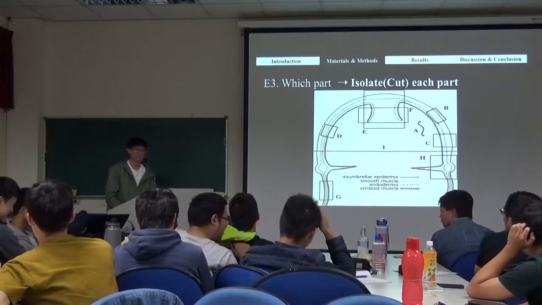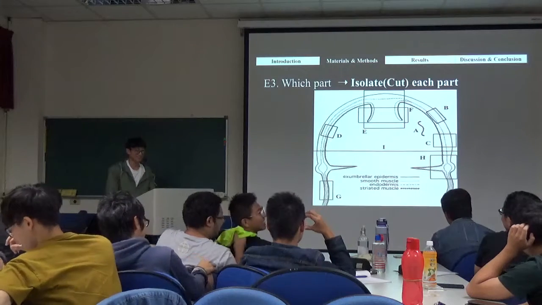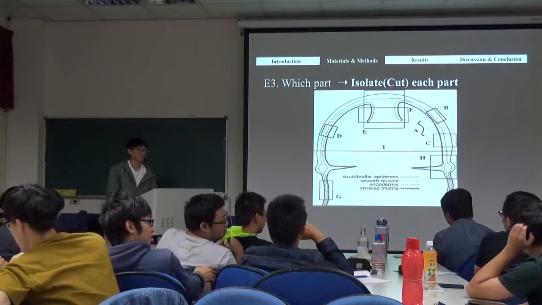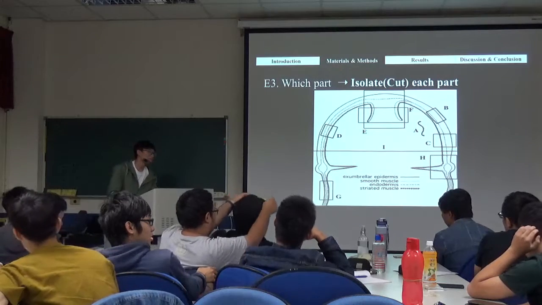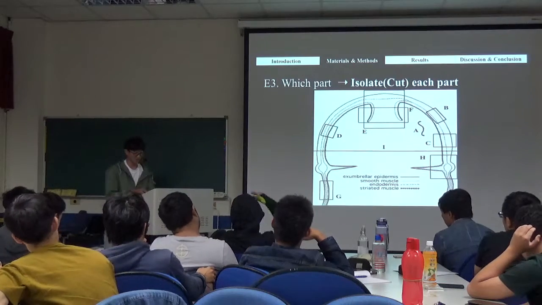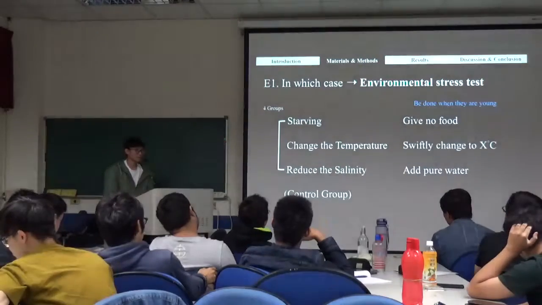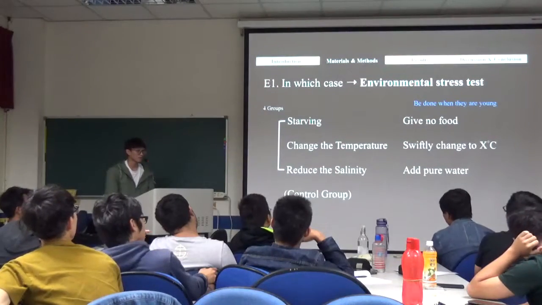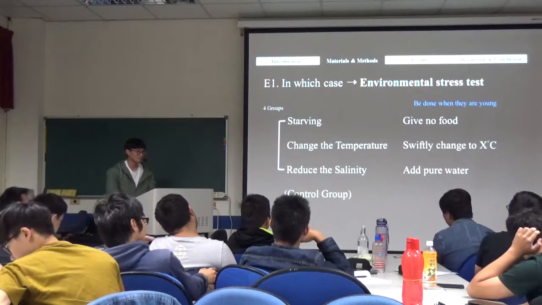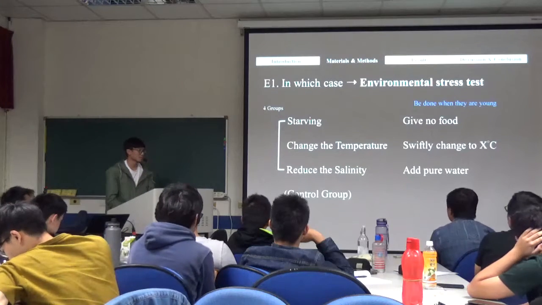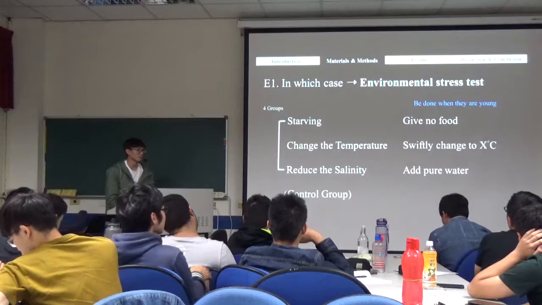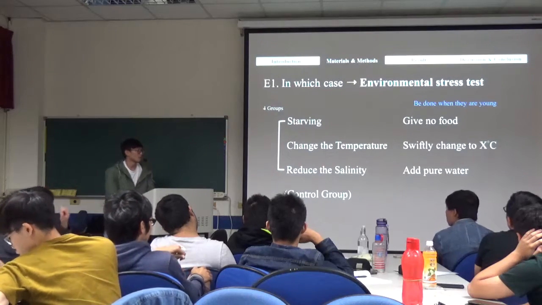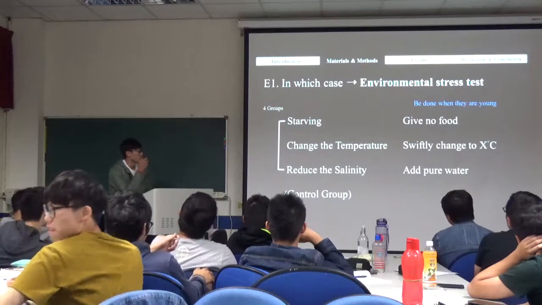Next. Okay. Jesse. About the environment stress test. Why do you choose these three groups? Why temperature or salinity or their food?